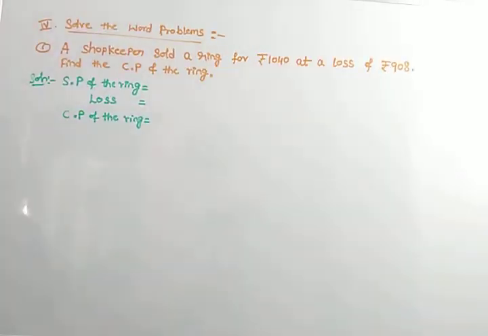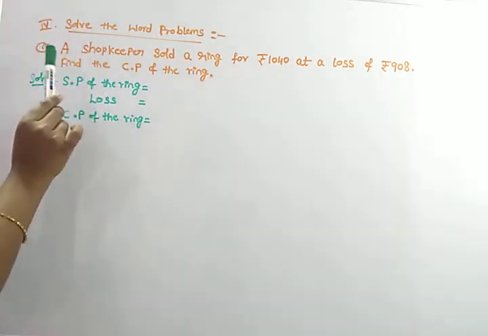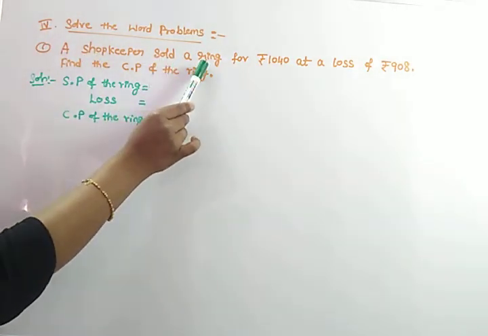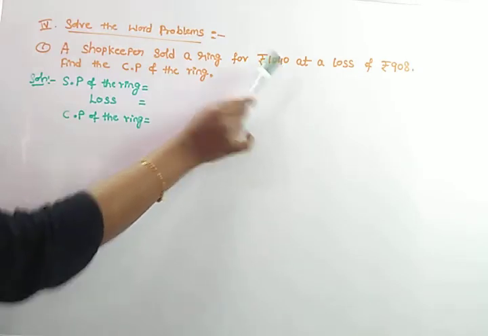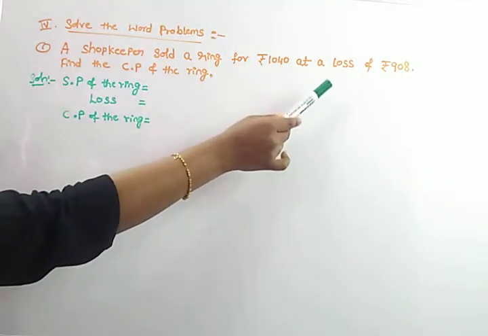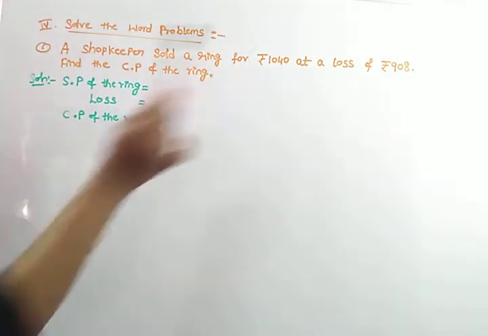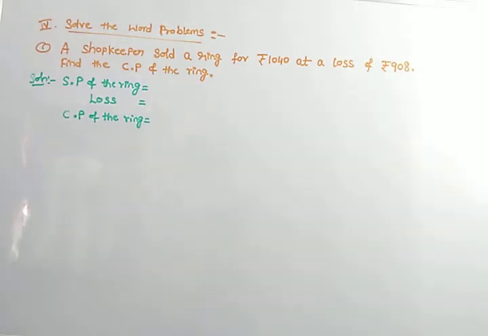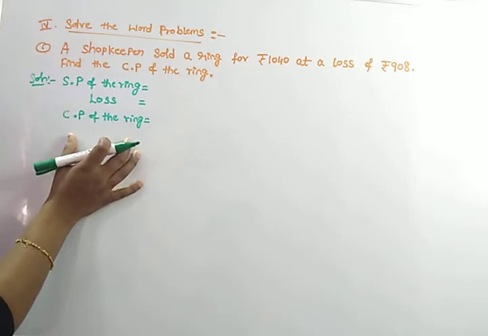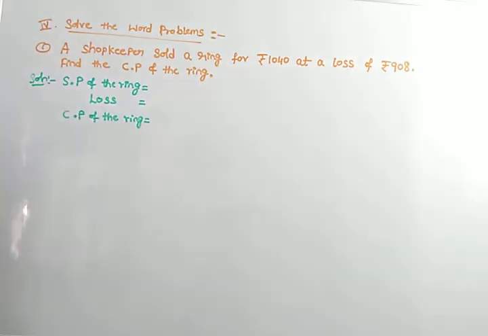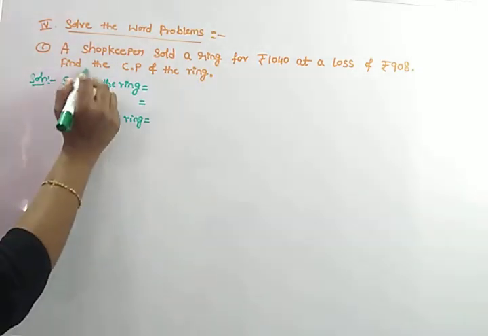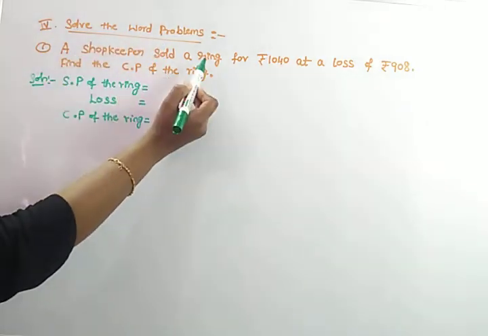Now children, we will discuss a few word problems. First example: a shopkeeper sold a ring for 1040 rupees at a loss of 908 rupees. Find the cost price of the ring. So here students, first list out the given data. Here the shopkeeper sold a ring.